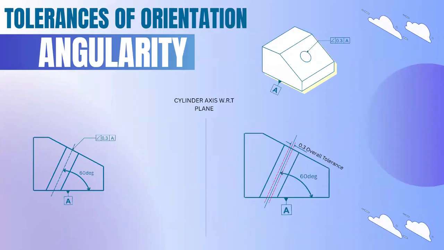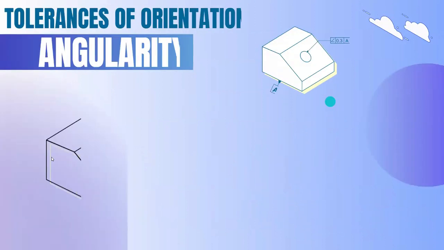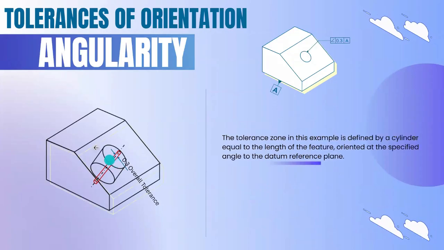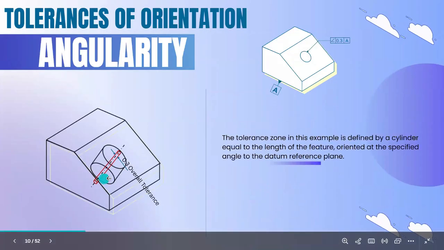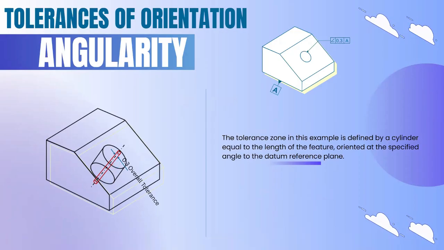So next, this is the scenario where we're going to check a cylinder axis with respect to the datum plane. Here, for this whole axis, we're going to check angularity. The angle is 60 degrees. You can see in this 3D image, the tolerance type is a cylindrical tolerance because the feature is a cylinder.